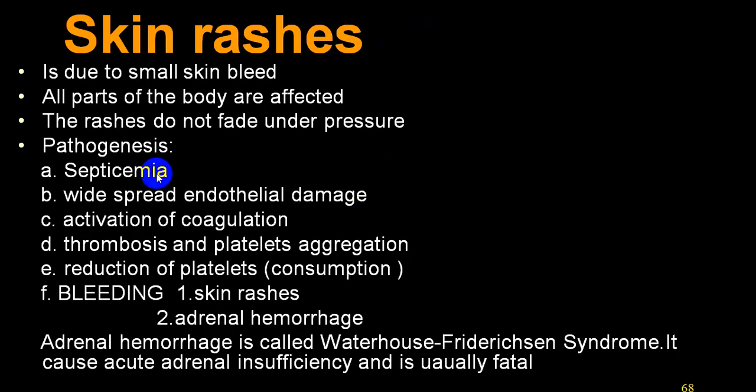Skin rash will be very common in septicemia, also with gram-negative organisms and in case of viral infection, and particularly don't forget meningococcal septicemia, which may lead to acute adrenal hemorrhage causing Waterhouse-Friderichsen syndrome, acute adrenal insufficiency.